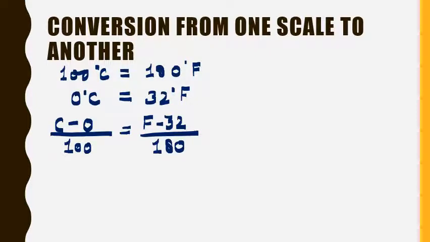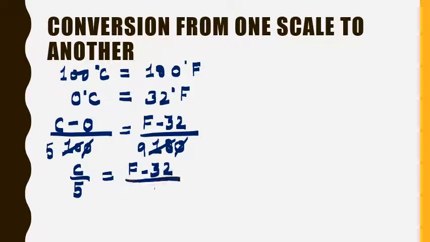Or we can divide it like this. You must be knowing how to divide. 2 5s are 10, 2 9s are 18, with the zeros cancelling. And C minus 0 is C. So we can write it as C by 5 is equal to (F minus 32) upon 9. You must be familiar with cross multiplication.